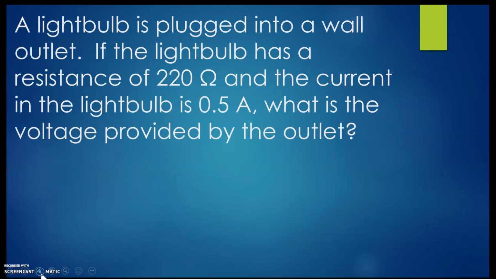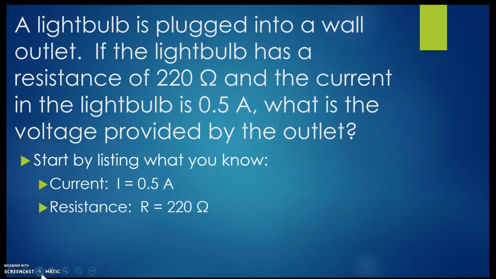Okay, our first example problem says a light bulb is plugged into a wall outlet. If the light bulb has a resistance of 220 ohms and the current in the light bulb is 0.5 amps, what is the voltage provided by the outlet? Now, the first thing we always want to do is start by just listing out what you know, the information that is given to you in the word problem.